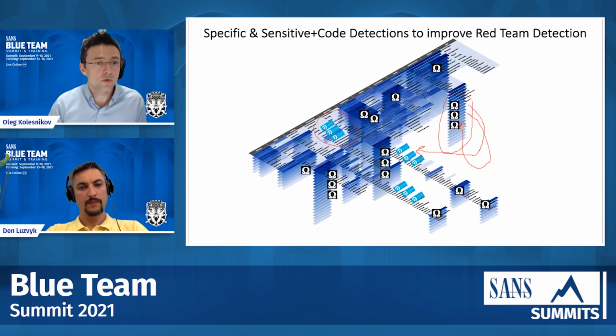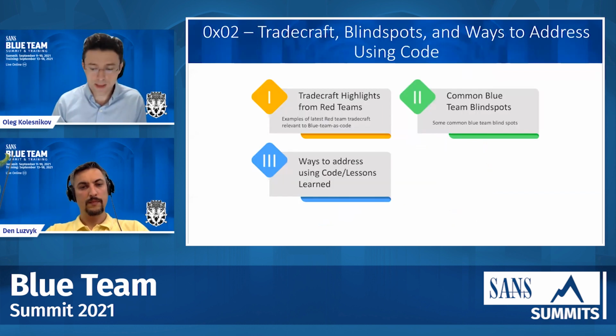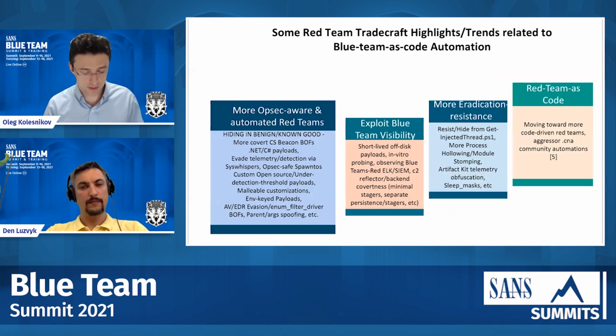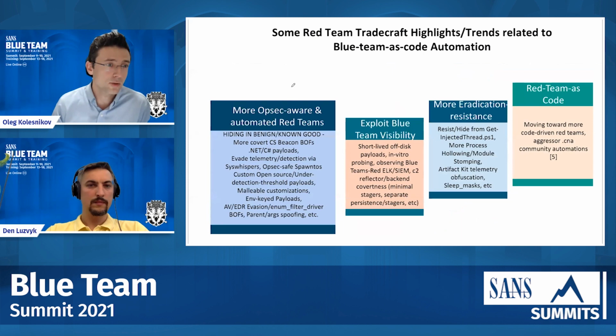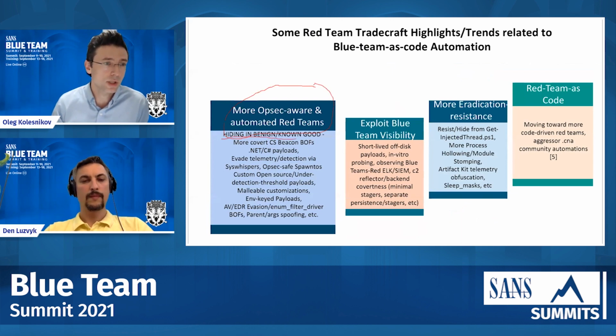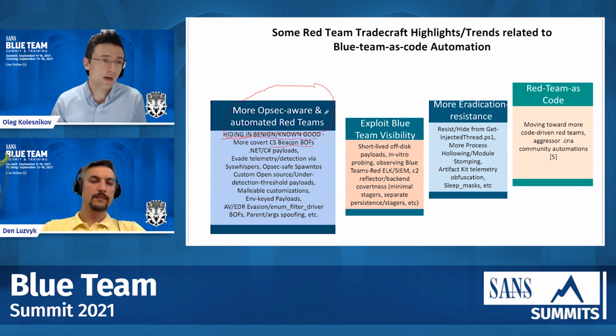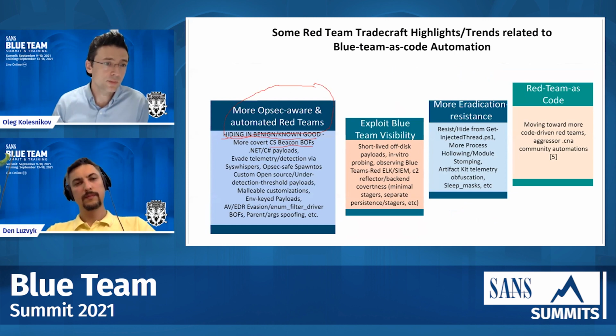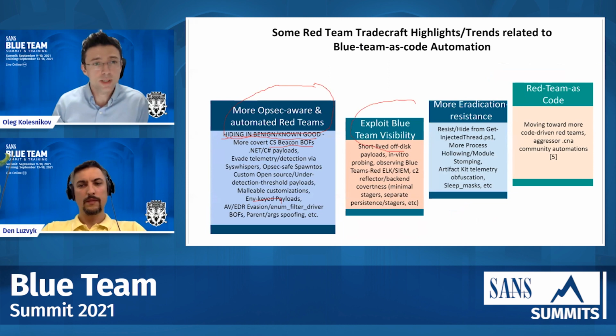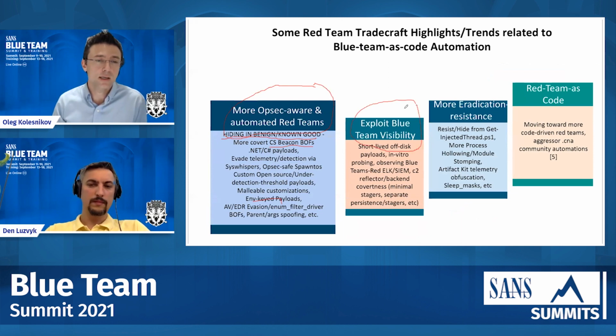So moving on. Now let's talk a little bit about the tradecraft, right? What we've seen from red teams, and I'm not going to go into too much detail, but some of the key highlights for you guys. Red teams nowadays are much more OPSEC aware, right? We're seeing them hiding in benign known good a lot. There are CS beacon buffs, you have all the end-key payloads, etc. Then we also see red teams exploit blue team visibility and blind spots very actively.